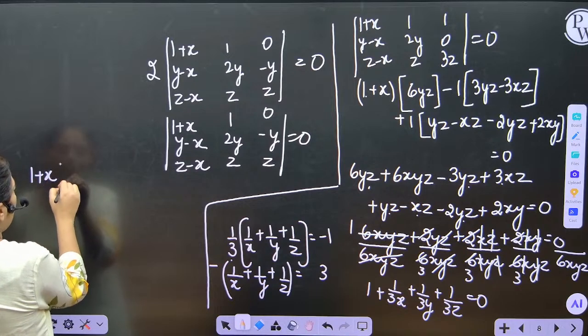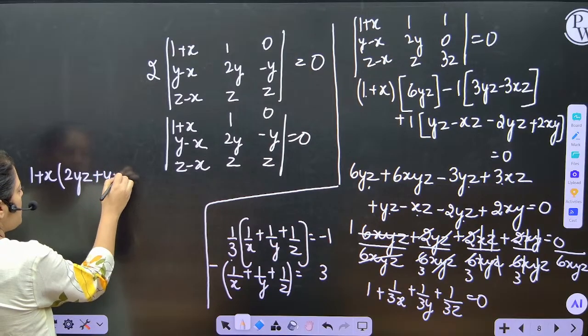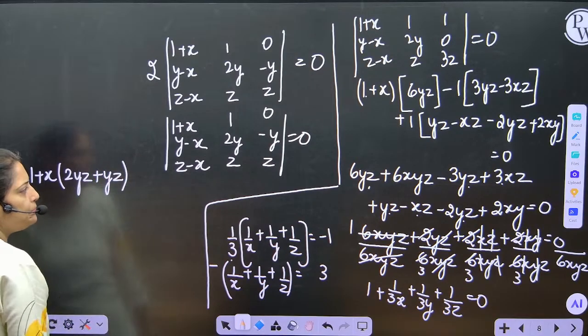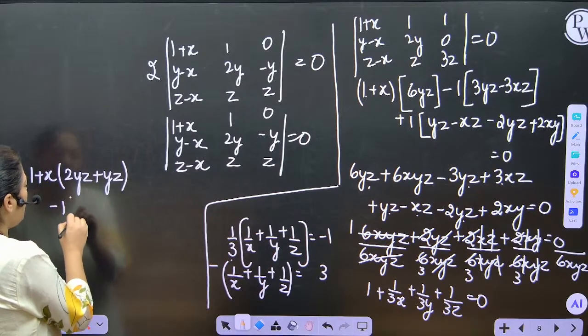I'll expand (1 plus x) as it is. 2yz minus minus plus yz. Minus 1 as it is.